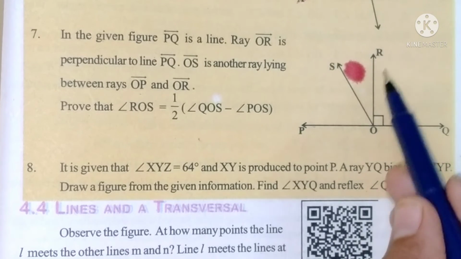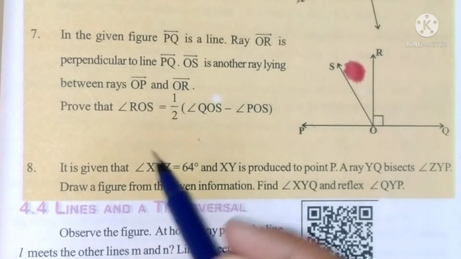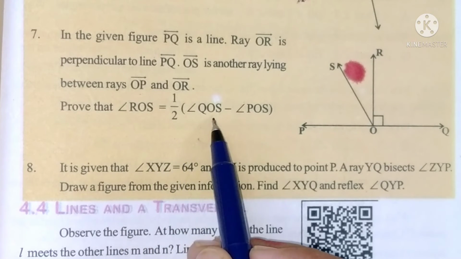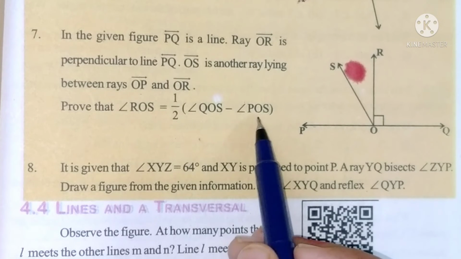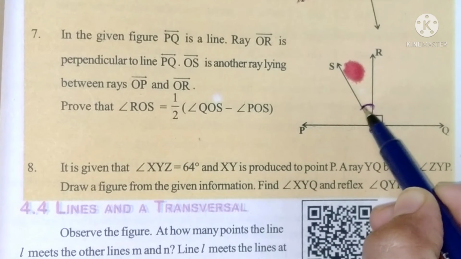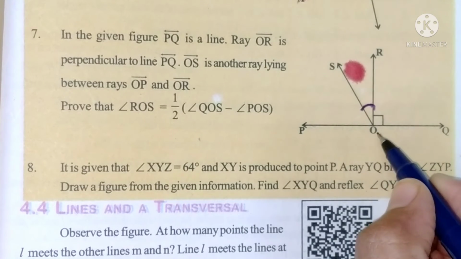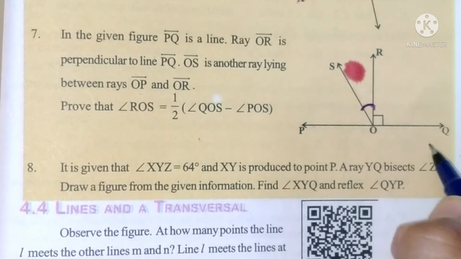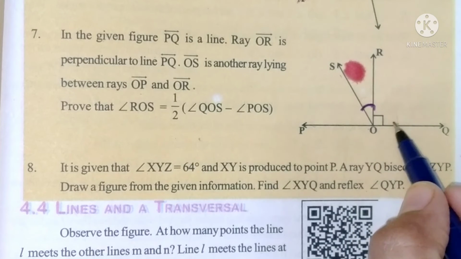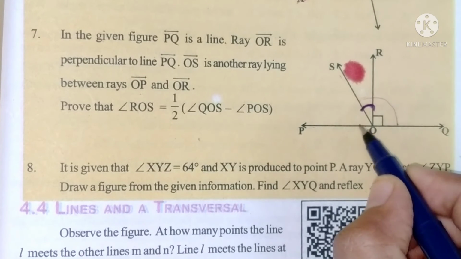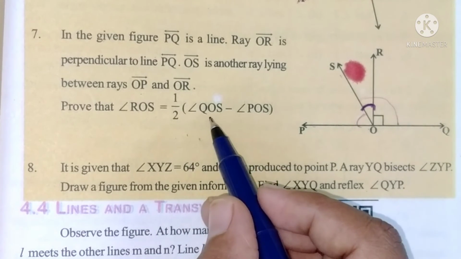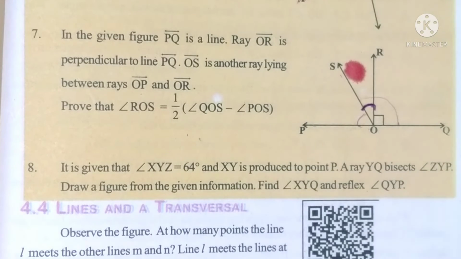Prove that angle ROS is equal to 1 by 2 of angle QOS minus angle POS. We have to prove that.